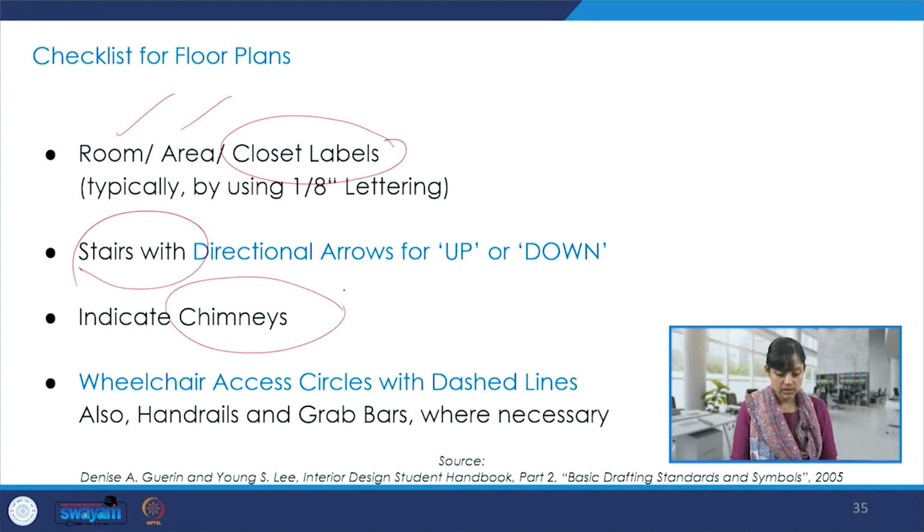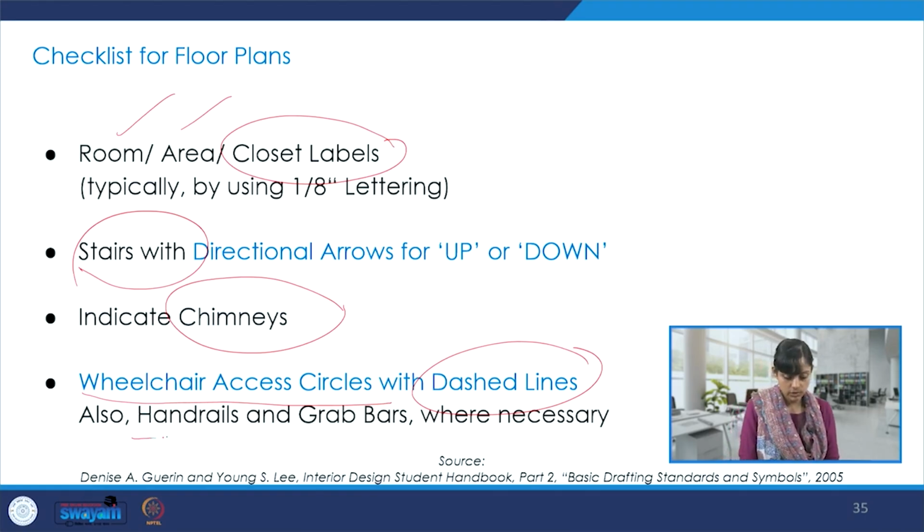If there are chimneys and fireplaces, and then of course also considering universal accessibility, and then showing the wheelchair access circle. There is a certain radius that you need for turning your wheelchair, so that has to be shown with dashed lines. These are all very important aspects, and our drawings should be the most effective to communicate even the smallest possible detail because they are important.